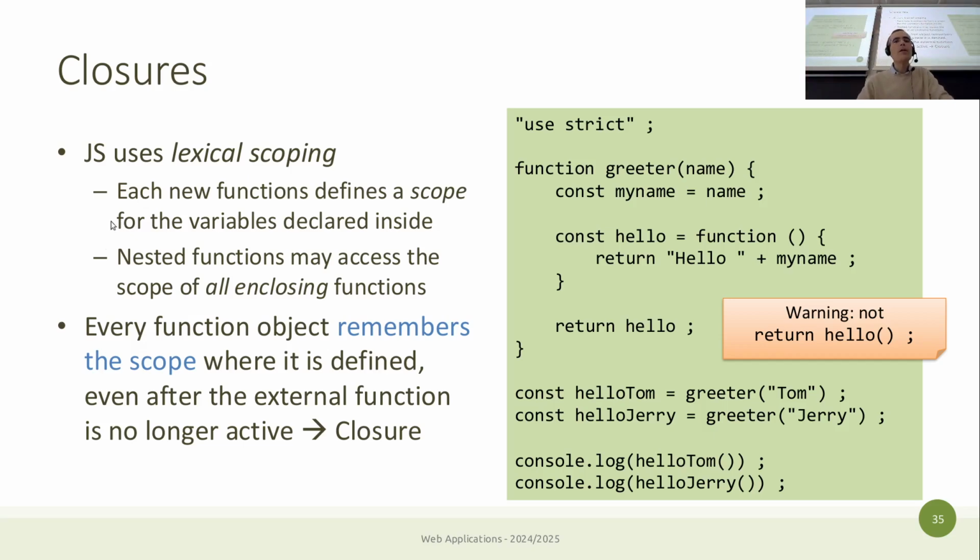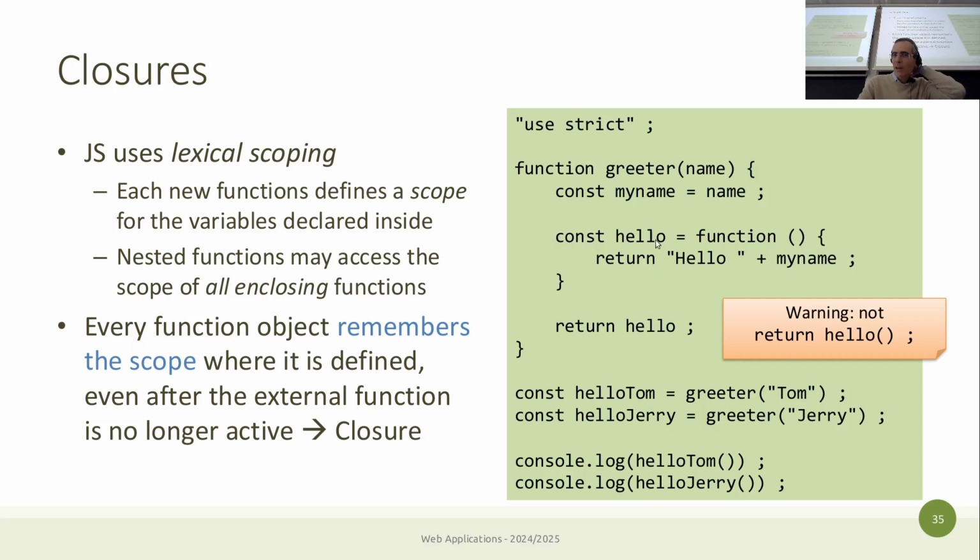So it's like saying every function object remembers the scope where it is defined, even after the external function is no longer active. So that's basically what we called closure before. Let's have a look at the example. That's a function that does greetings. It basically returns a string saying hello somebody. In this function, we define another function. We could have done it with the arrow, but it doesn't matter.